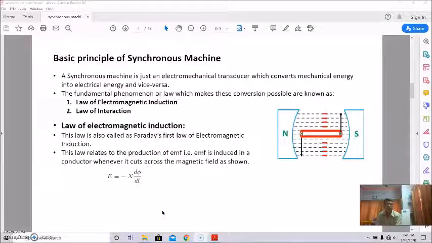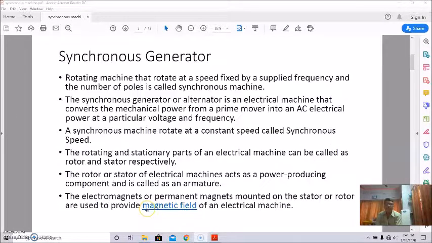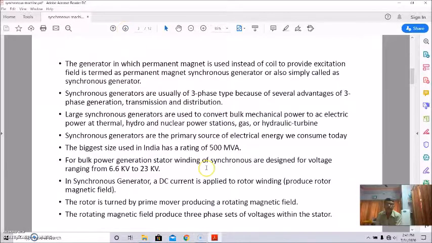The principle of operation of the synchronous machine is as follows. A generator in which a permanent magnet is used instead of a coil to provide the excitation field is termed a permanent magnet synchronous generator, or simply a synchronous generator.